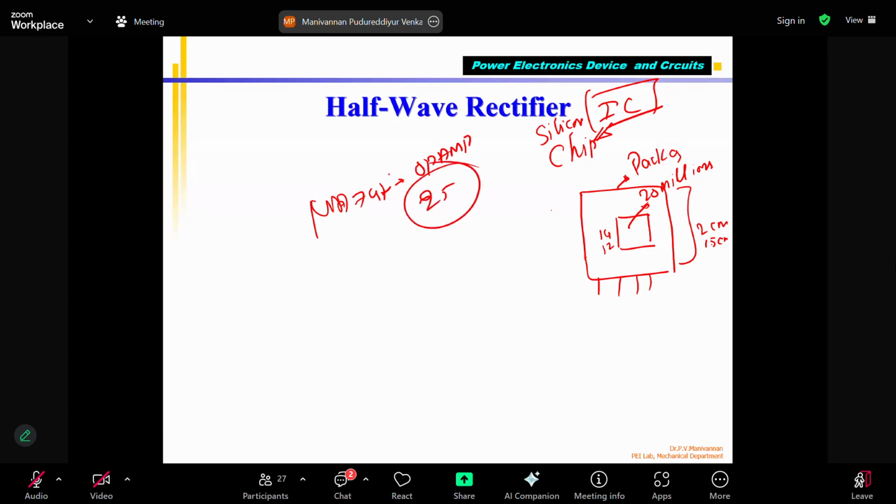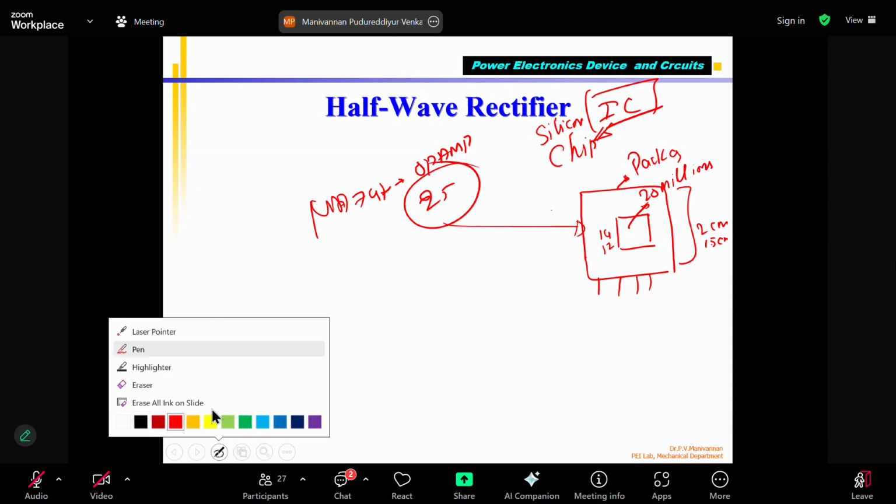Please note that this was the first integrated analog IC, invented in the 1960s. That time there were around 25-30 transistors inside. I showed you the internal diagram also. But inside your Pentium, the i7 processor, i10, you have 20 million transistors.